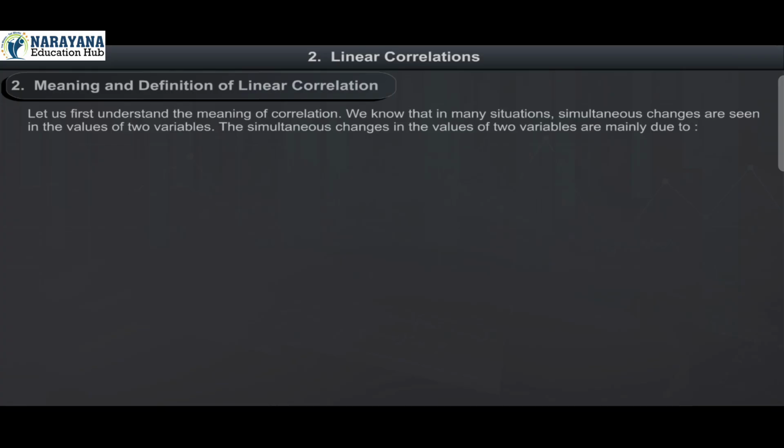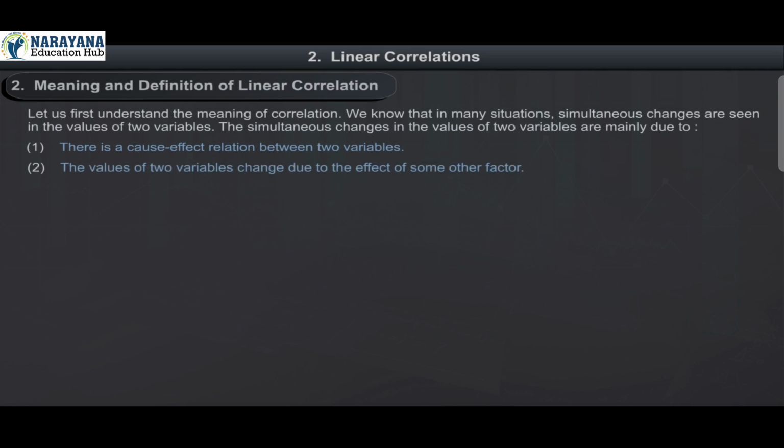We know that in many situations, simultaneous changes are seen in the values of two variables. The simultaneous changes in the values of two variables are mainly due to: Number 1. There is a cause-effect relation between two variables. Number 2. The values of two variables change due to the effect of some other factor.